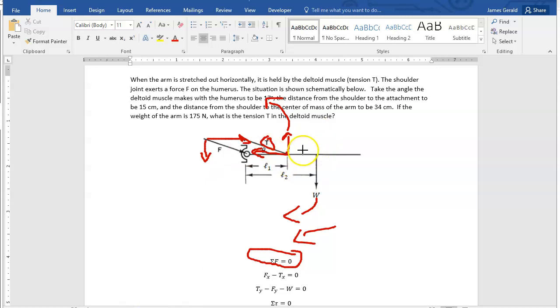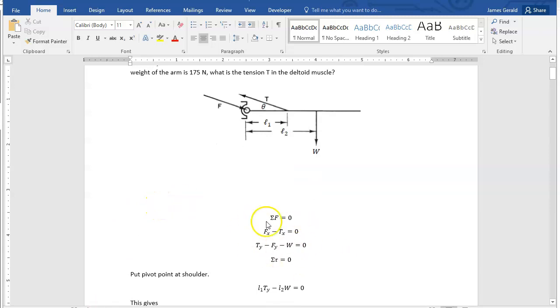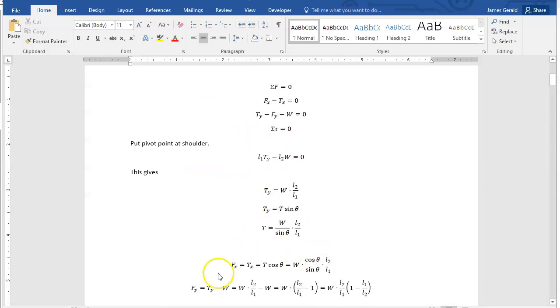And once we have T, then we need to look at, okay, what are the sum of the forces going to do for us? Because the sum of the forces are going to give us F, right? So we have T from the first problem where we know what T is now. We have Fx minus Tx has to be 0. Since those are the only horizontal forces, they're pointed in opposite directions, they have to end up being 0.